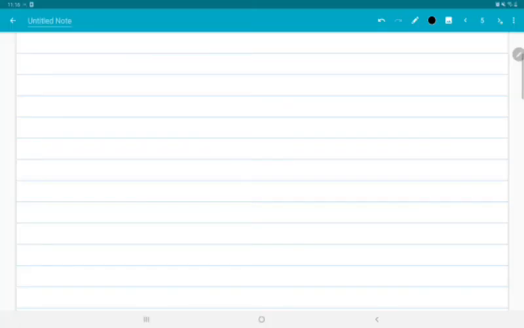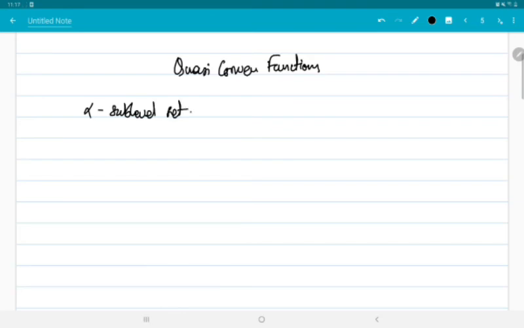Next is quasi-convex functions. We have already seen an introduction to quasi-convex functions in one video, so I'll repeat that. Before getting into quasi-convex functions, we need to know what an alpha sublevel set is.